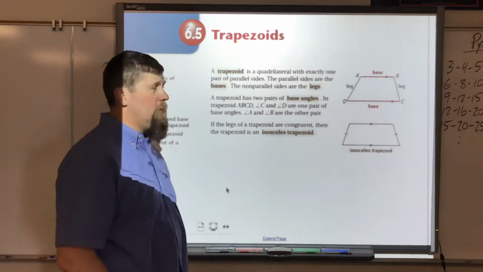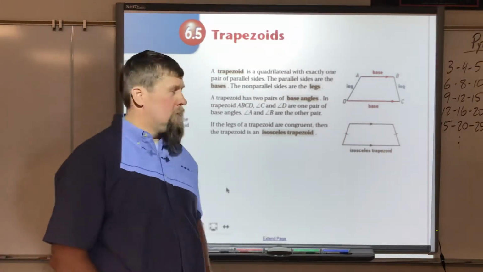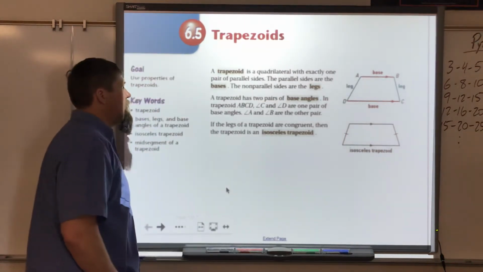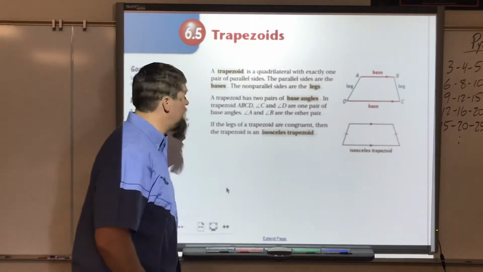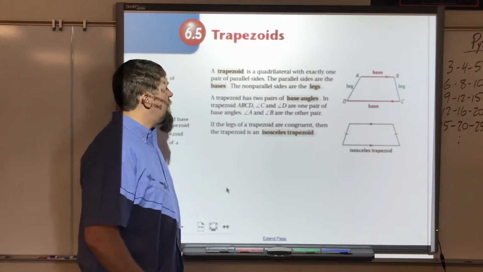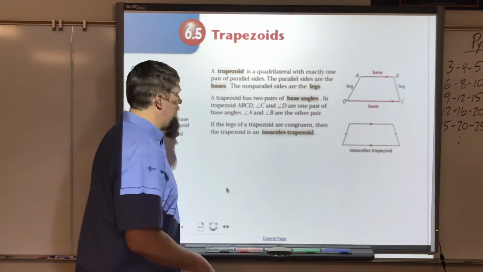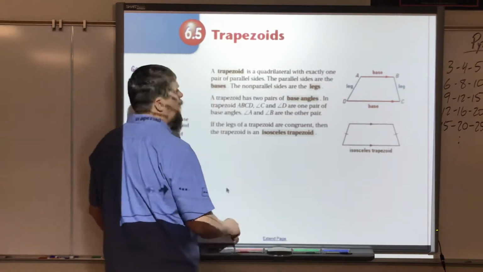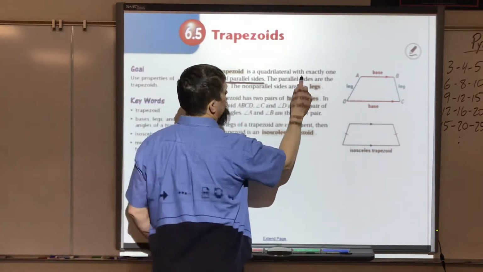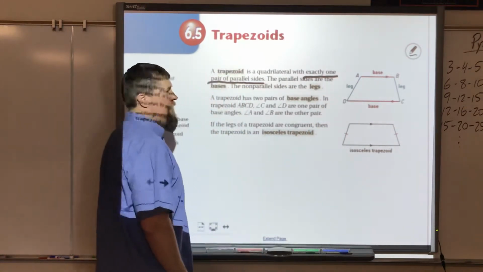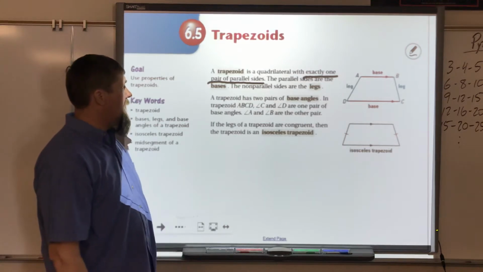We are talking about 6-5 today, trapezoids. So let's get started. A trapezoid is a quadrilateral, so we're still talking about quadrilaterals. However, this type of quadrilateral has exactly one pair of parallel sides, so exactly one set of opposite parallel sides.